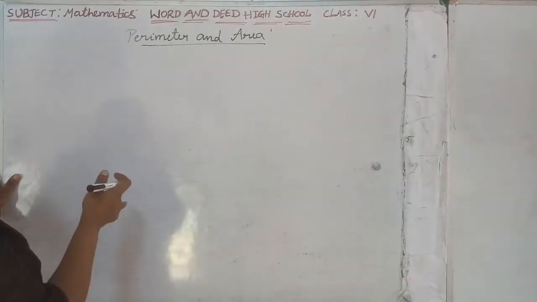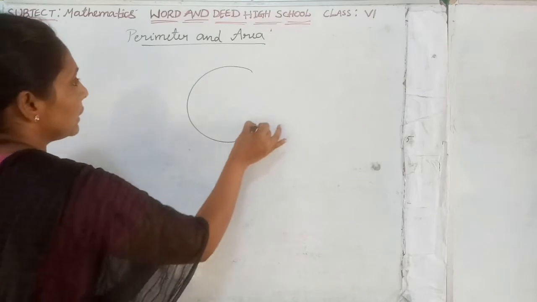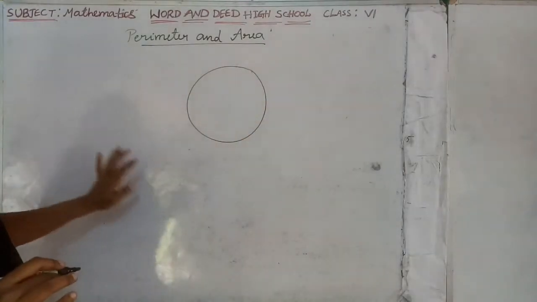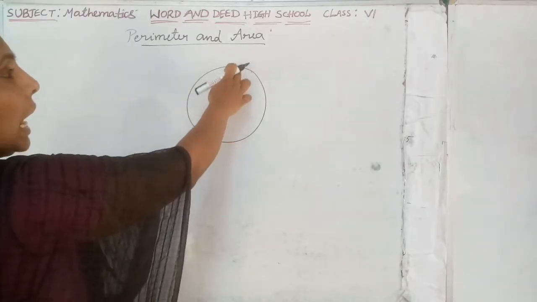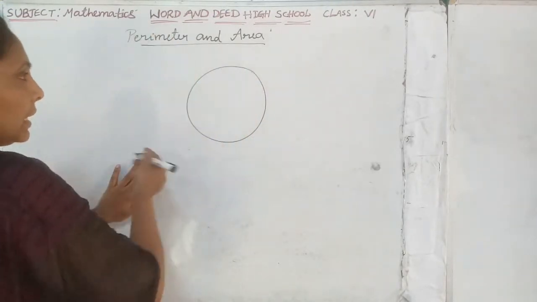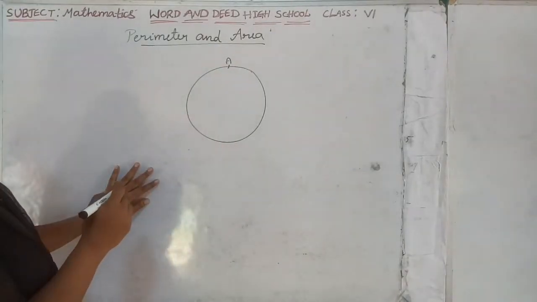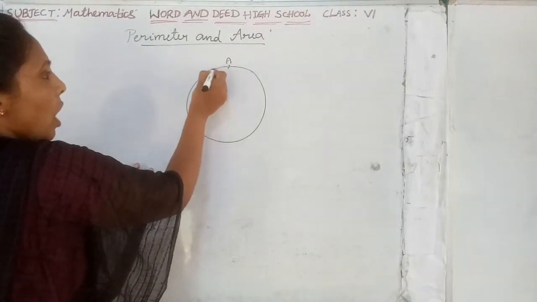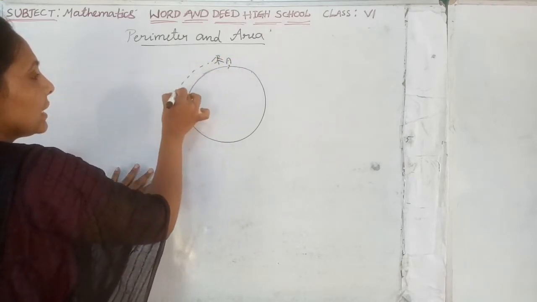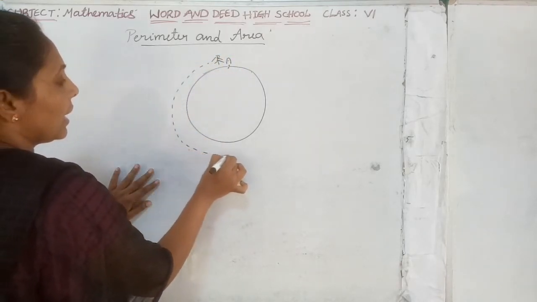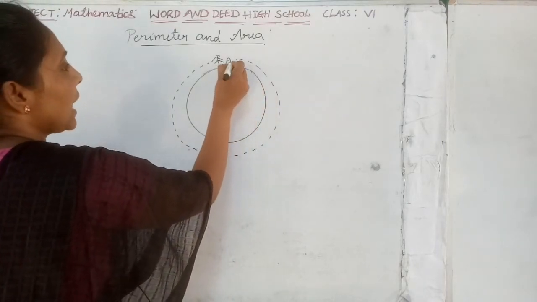What is the perimeter? See children, suppose for example it is a playground. A boy is running around a circular path like this. Suppose this is the point A. He starts running from the point A, and again he stops running at the same point.